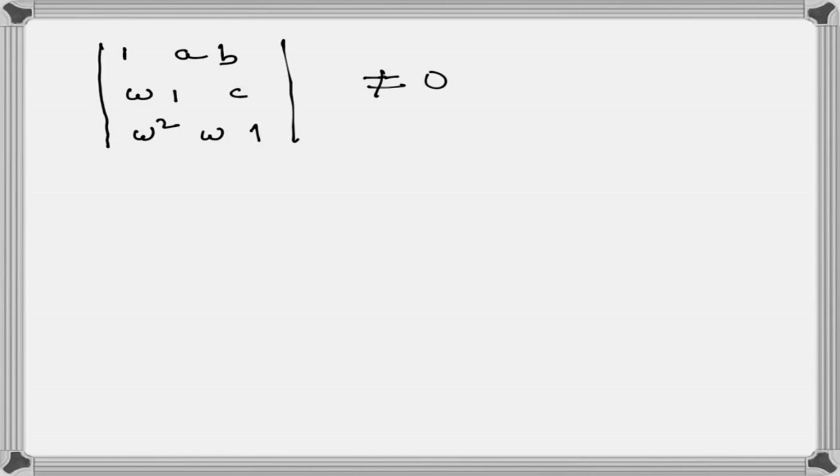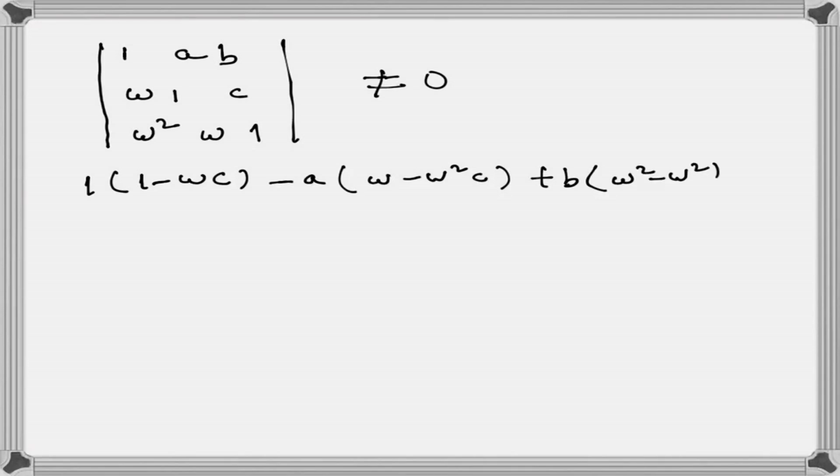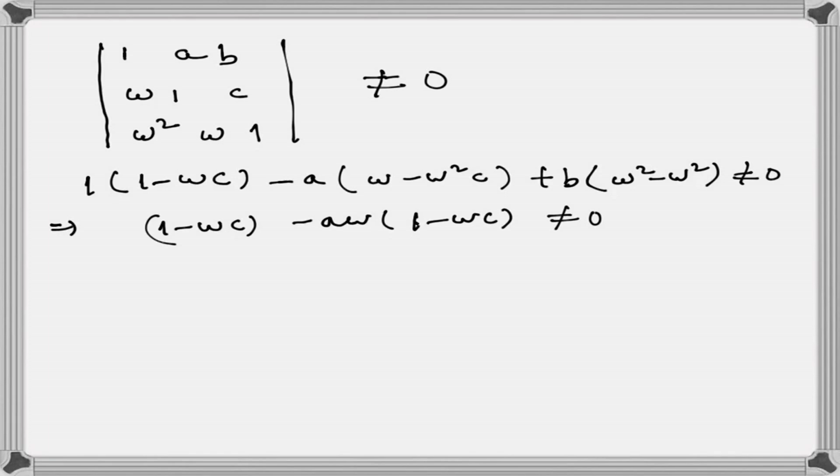So let's see what the determinant is. This is 1 into (1 minus WC), minus A times (W minus W square C), plus B times (W square minus W square), not equal to 0. This implies (1 minus WC) minus AW(1 minus WC) is not equal to 0.